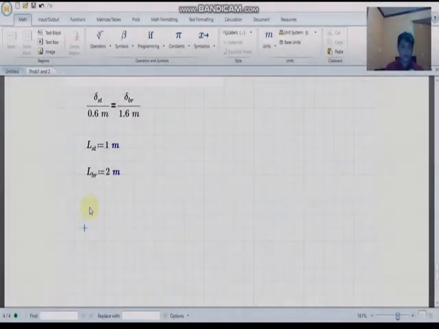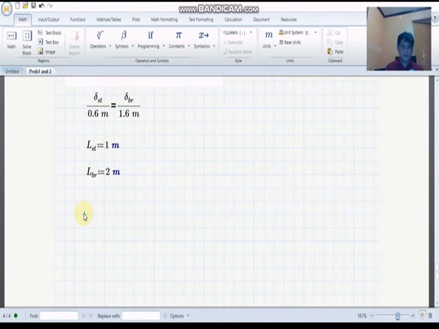Let's simplify our equation. I think it's better to express the deformation of steel in terms of the deformation of the bronze.